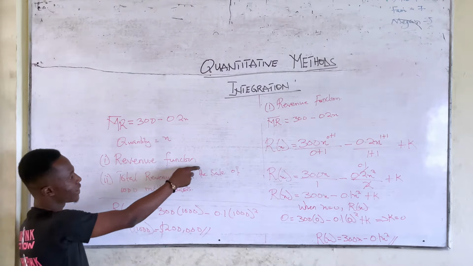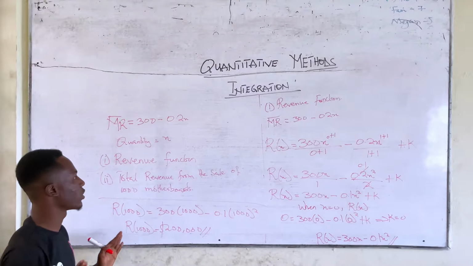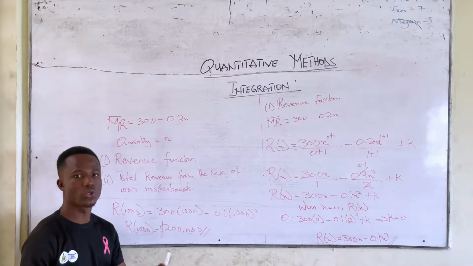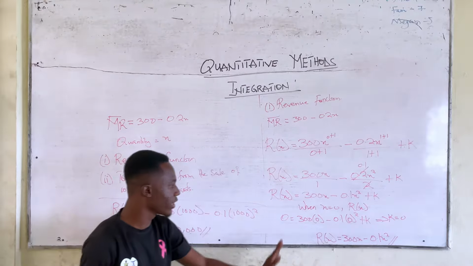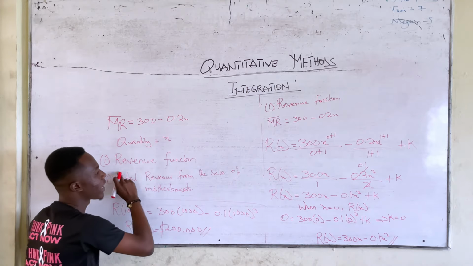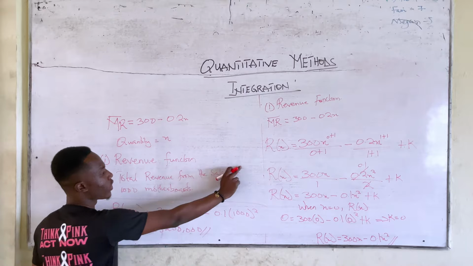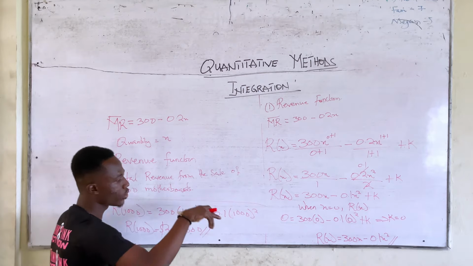But since there is nothing like that here, you have to bring zero as your quantity, and your revenue also becomes zero. So at this point, your K will also be zero. It is after you have gotten the revenue function that the company made sales. That is why we substituted the 1,000 into the function.